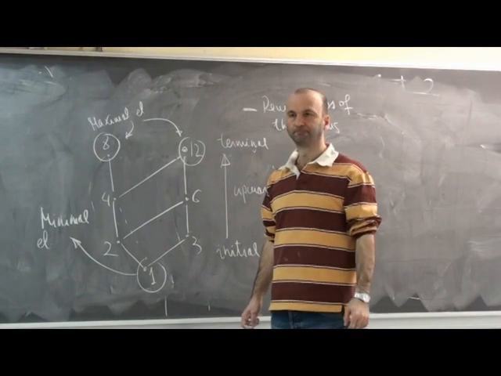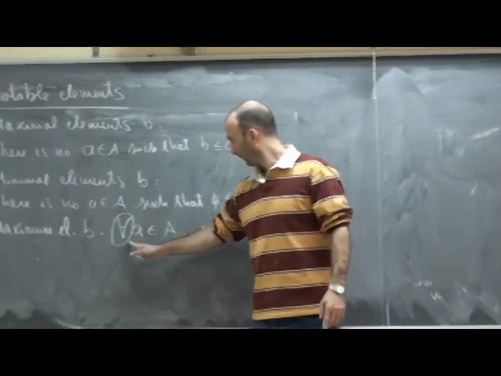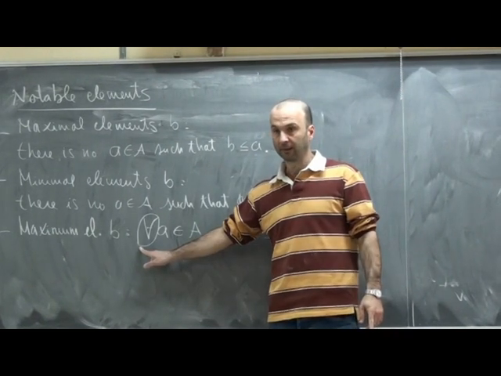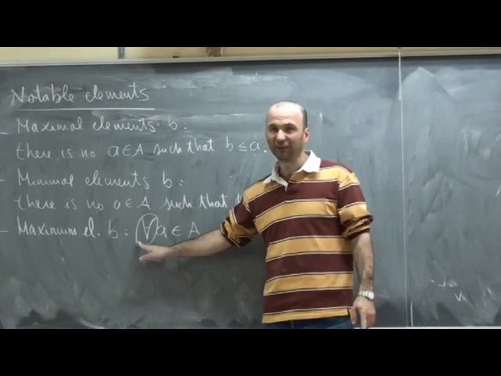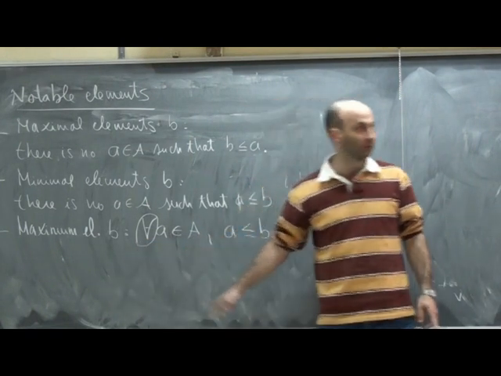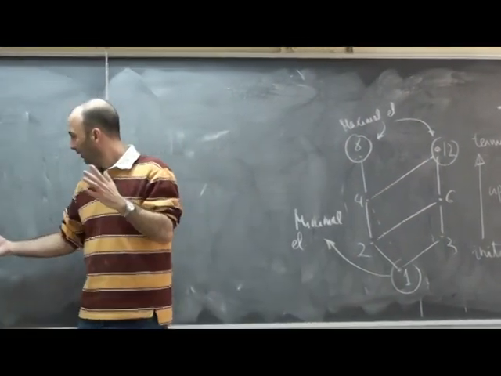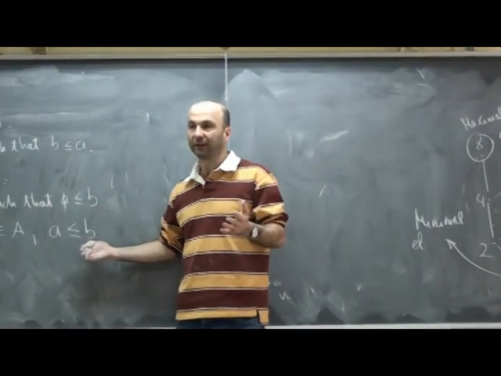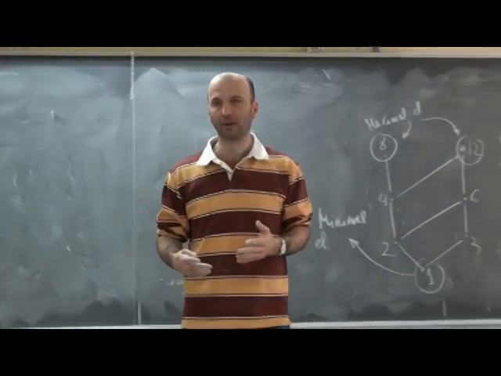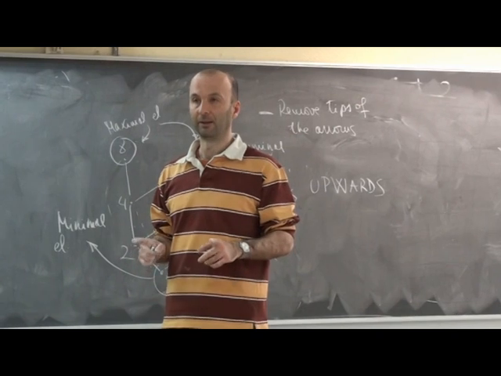There is none, because it says that B must be comparable to all elements. This for all is really crucial, it is of paramount importance. So the maximum doesn't always exist. Some sets may not have a maximum element. In fact, they may not have maximal elements.